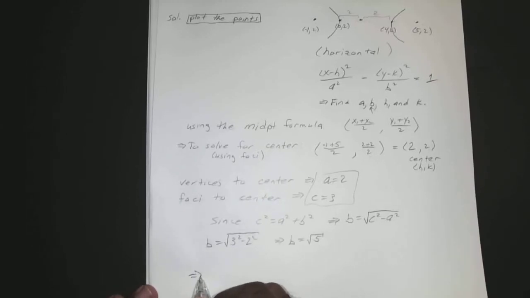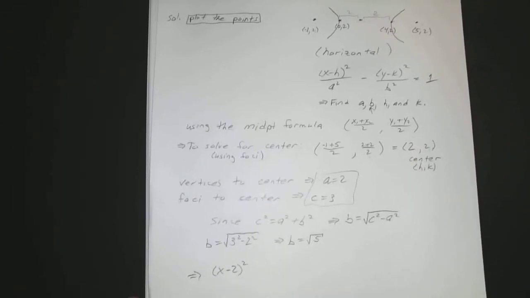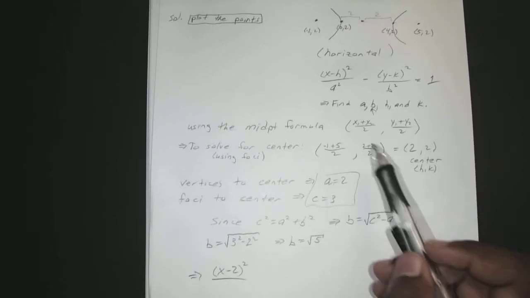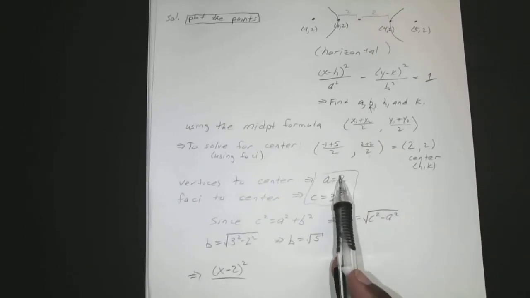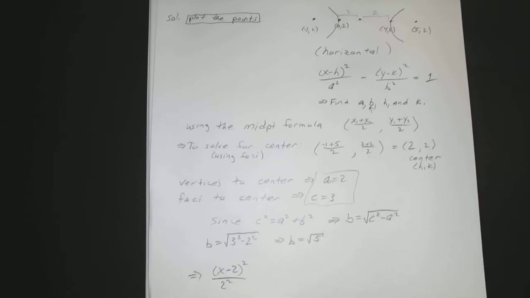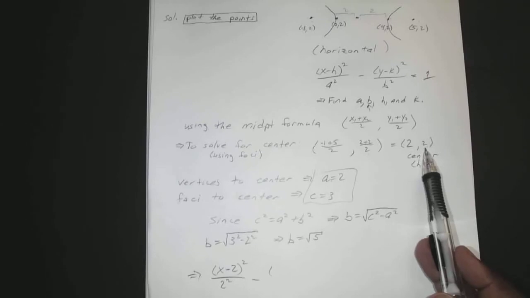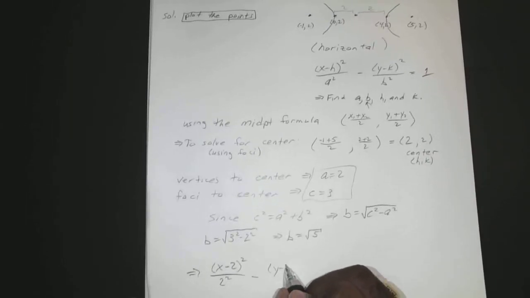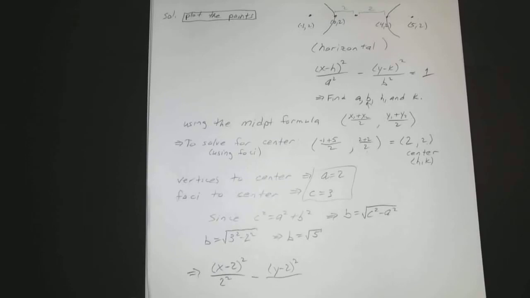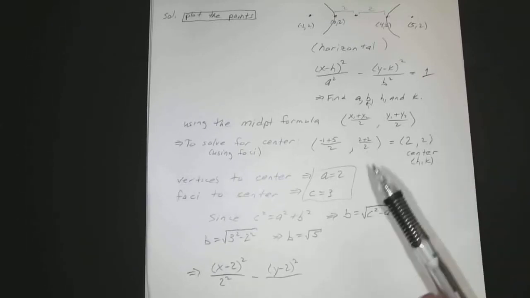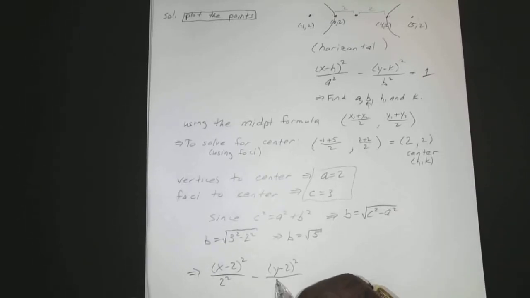So we plug it into our formula, x minus h, so you have x minus 2 squared over a squared, so that would be 2 squared, minus y minus k, which again is y minus 2, squared over b squared, which is square root of 5. So square root of 5 squared equals 1.